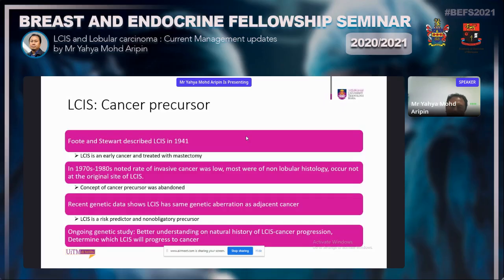So from this, they postulate that LCIS is not only a risk predictor, but also a non-obligatory precursor, meaning that some of these LCIS will progress and turn into invasive cancer. So now there is ongoing genetic study trying to better understand the natural history of LCIS and cancer progression, and also to determine which LCIS will progress to cancer.